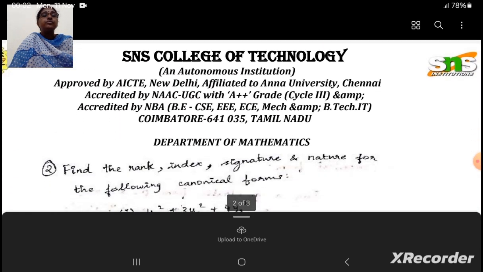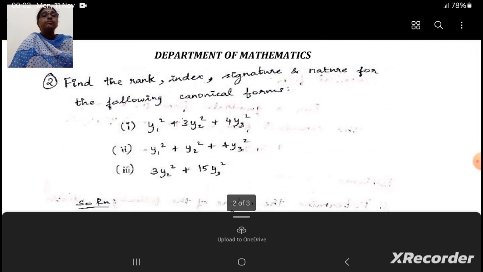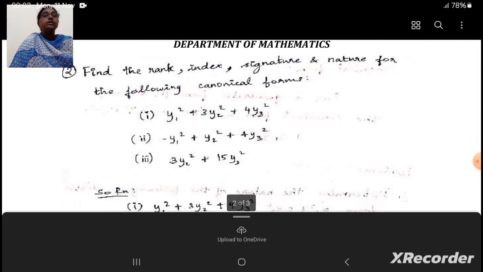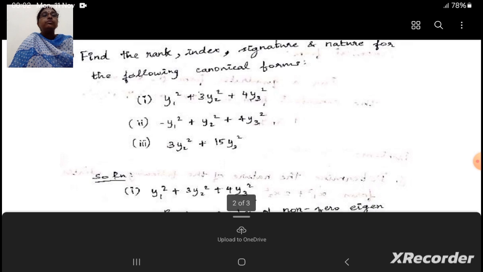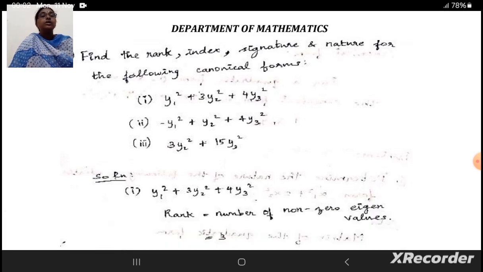Next, for the given matrix we can calculate the rank, index, signature, and also the nature for these canonical forms. It is given in terms of y, so we call these canonical forms.